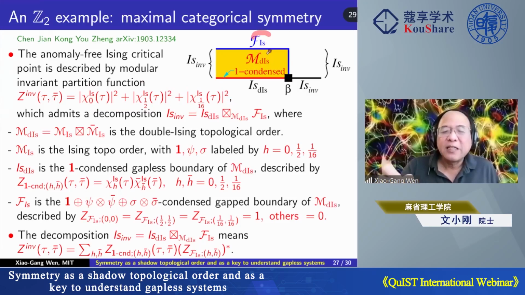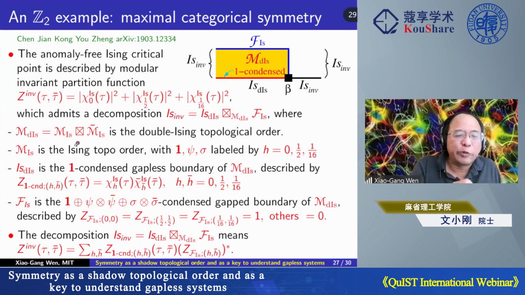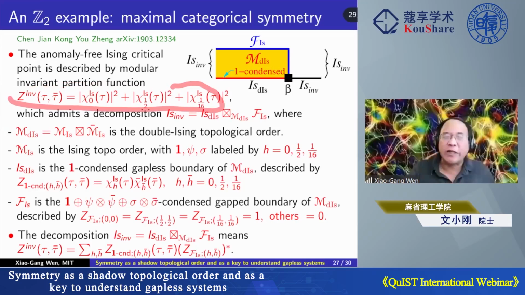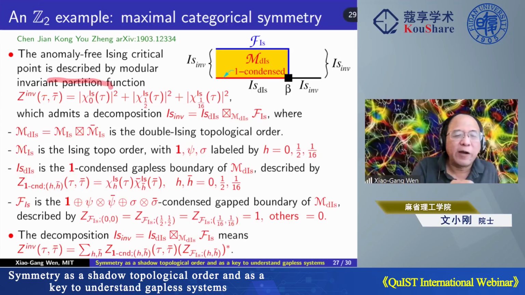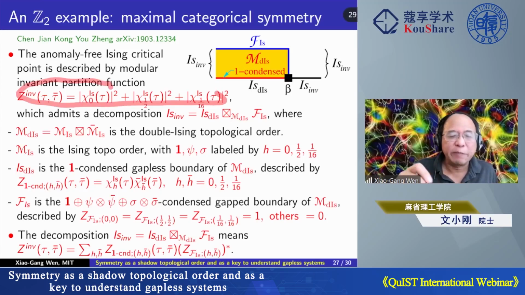This decomposition actually reproduces the modular invariant partition function. So the maximum categorical symmetry of this modular invariant partition function is not a Z2 gauge theory in the bulk. It's a double Ising topological order in the bulk. That's one message: the Ising critical point has a maximum categorical symmetry given by the double Ising model.